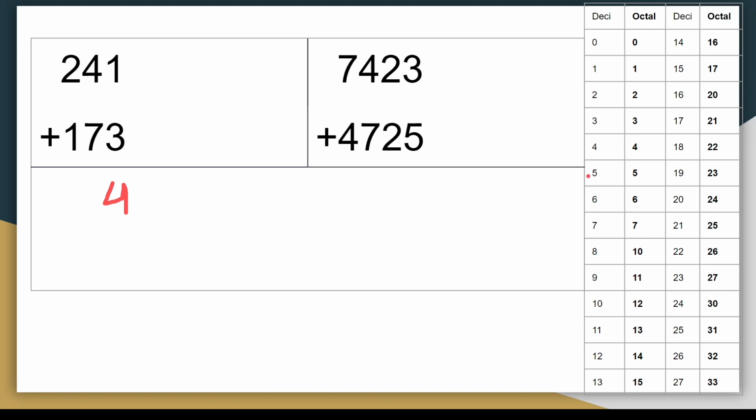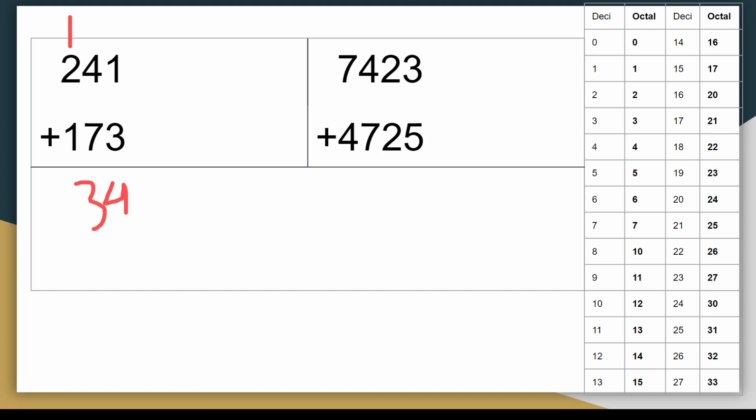And then 4 plus 7. Now that's more than 8, so that will get a bit different than what you're used to. We skip 8 and 9, so it'll actually end up being 13, not 11, because we skipped two digits. So we write a 3 here and put a 1 on top.